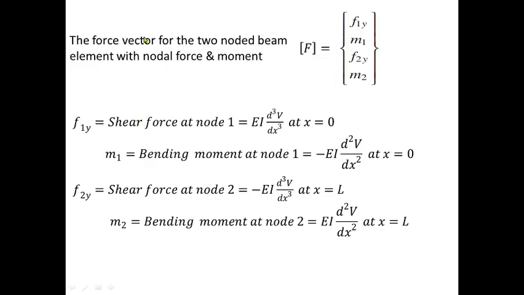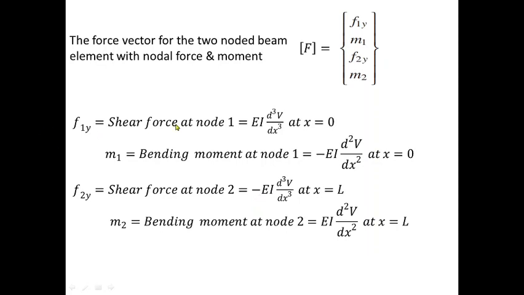And we know that the force vector is represented in this matrix form: F1y, M1 and so on. We will check based on the Euler-Bernoulli beam theory. We know F1y, the shear force at node 1, is given by EI d cube v by dx cube at x is equal to 0. So all these equations are based on Euler-Bernoulli beam theory. The difference is, if you check F2y, you will find a negative sign.